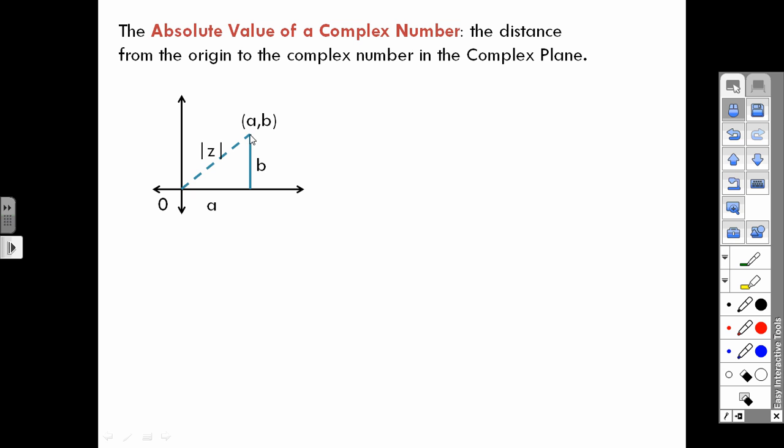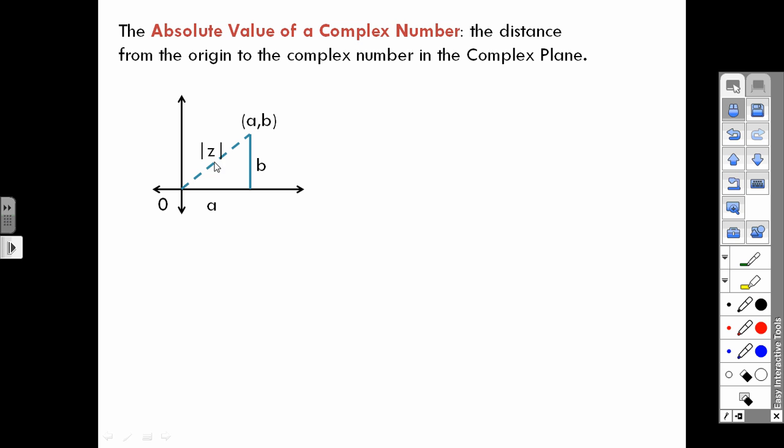And when we talk about the absolute value of our complex number, we're looking at this distance from 0 out to that point. So how do you think we could figure out what that distance is, knowing that this length is a and this length is b?